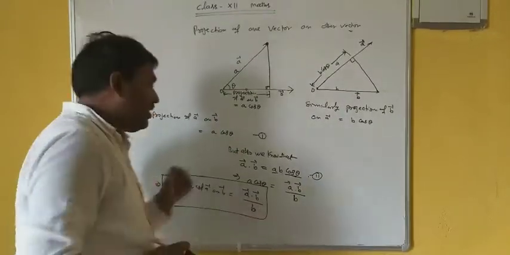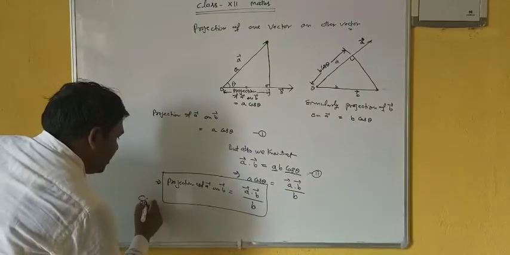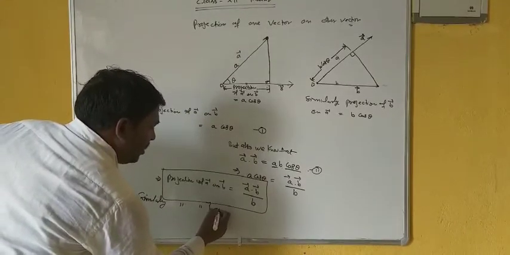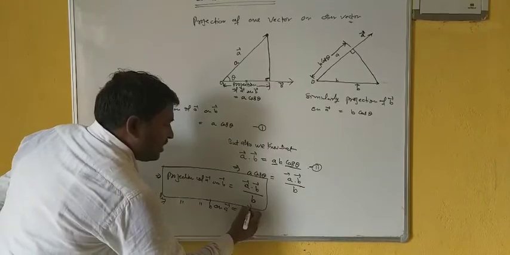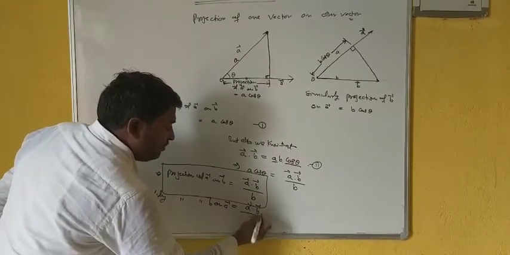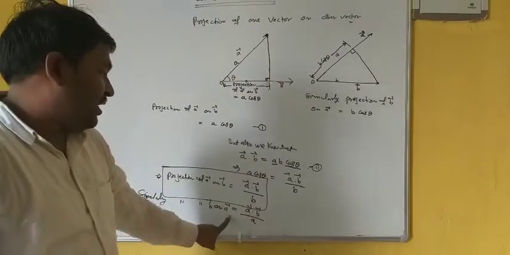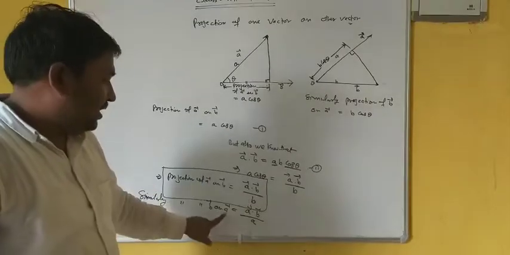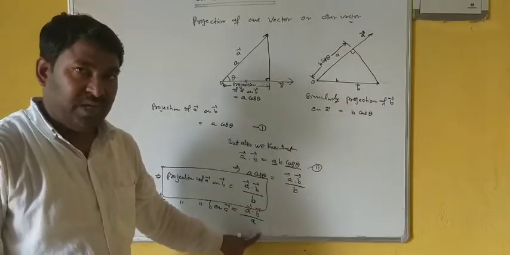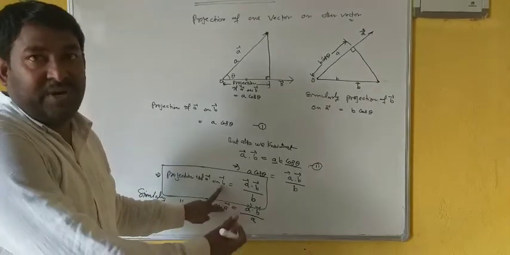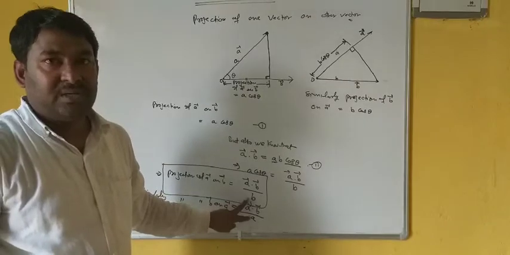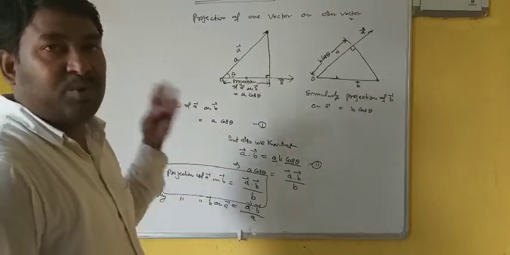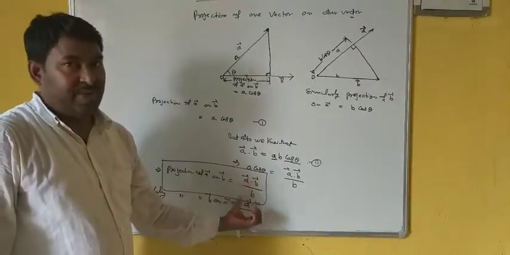A dot B upon B. Similarly, the projection of vector B on vector A is vector A dot vector B upon the magnitude of A. On A means divide by the magnitude of A, on B means divide by the magnitude of B. In the numerator, in both cases, you have to find A dot B.